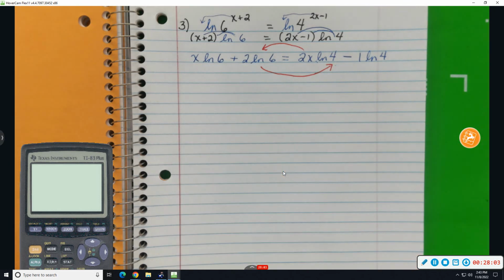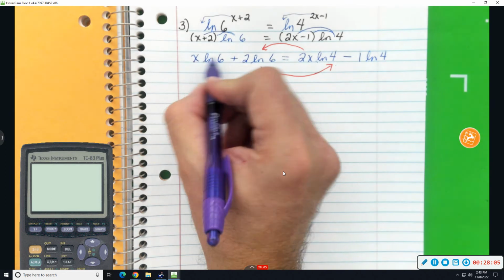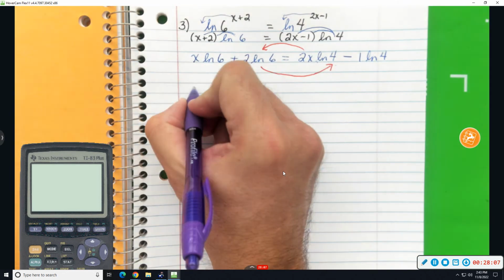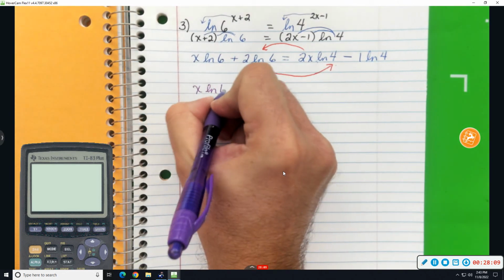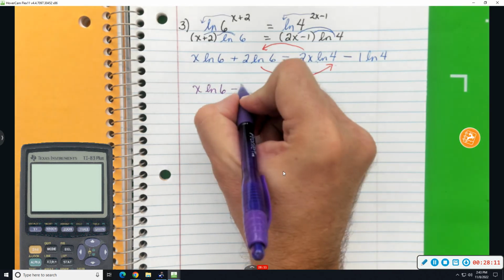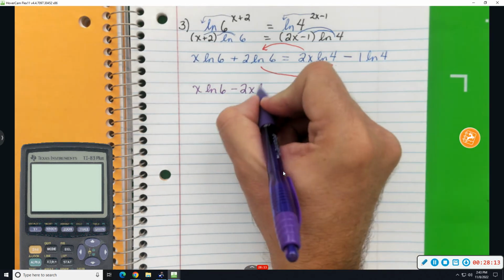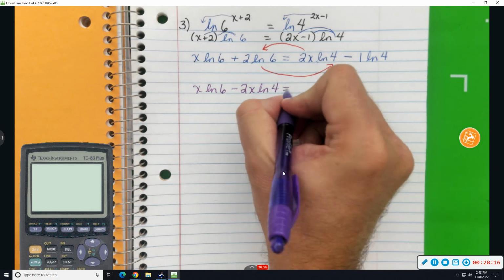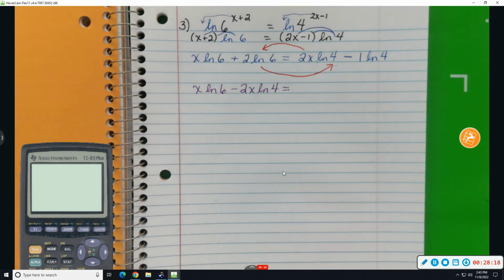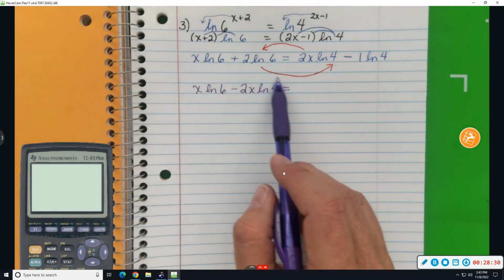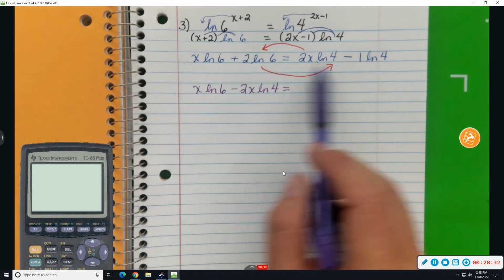So we have x ln 6 minus 2x ln 4. I know this is a messy manipulation, but this is about as messy as it's going to get. I'm always an optimist, thinking things could always be worse. I'm going to move this 2 ln 6 over there, so it'll be a negative.